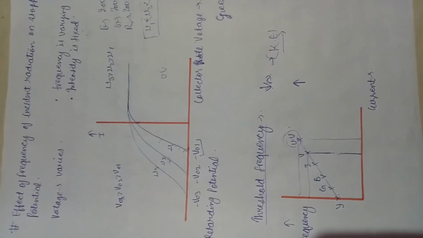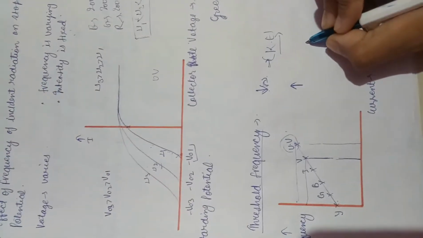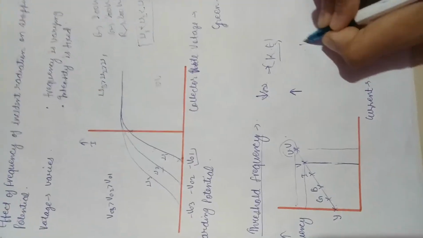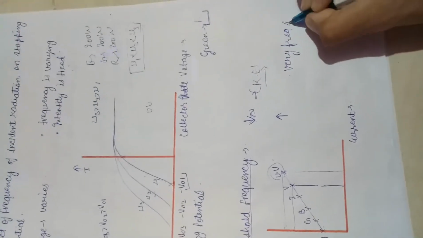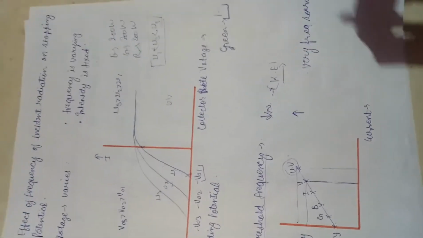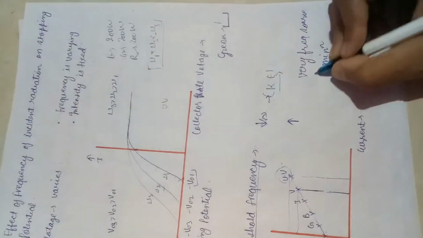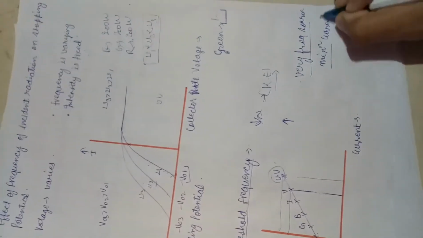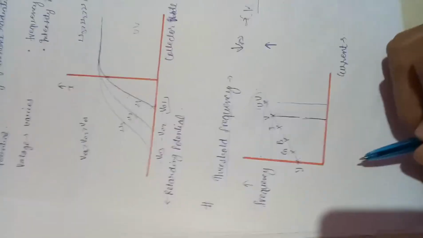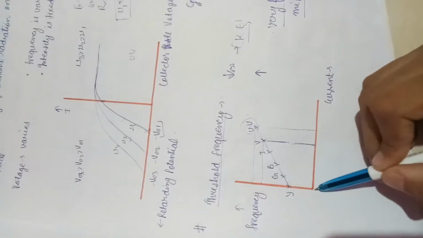If I use a very low frequency source, I will get the minimum amount of current. For example, in this graph it is shown that for yellow light we are getting minimum current.